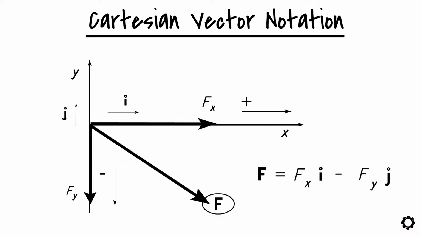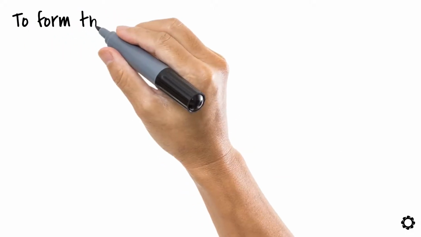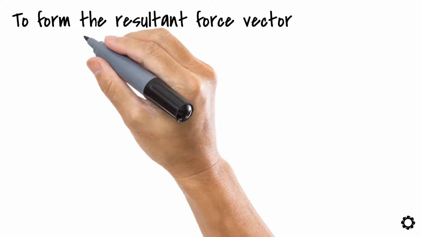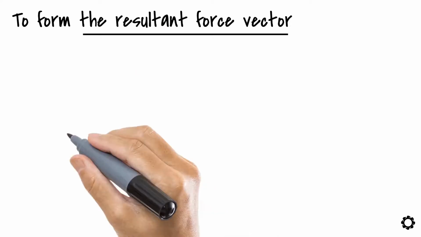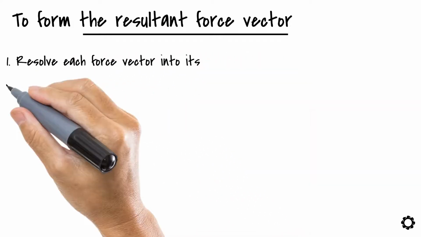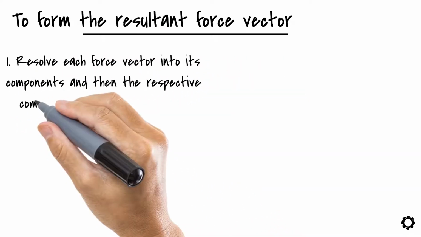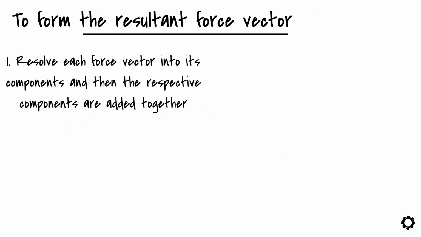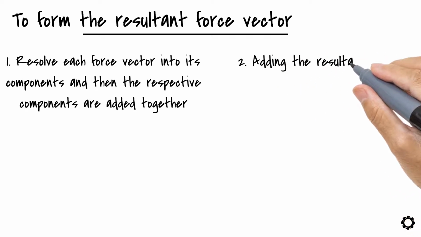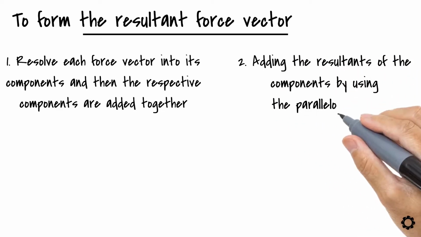Now that we have defined two notations to represent force vectors, let us see how to add force vectors together to form the resultant force vector. First thing that we'll do each time is to resolve each force vector into its components, and then the respective components are added together. After this, the resultant force vector can be defined by adding the resultant of the components by using the parallelogram law.